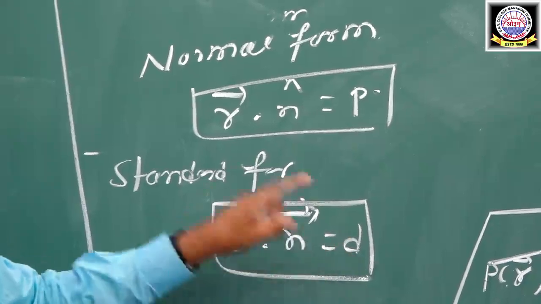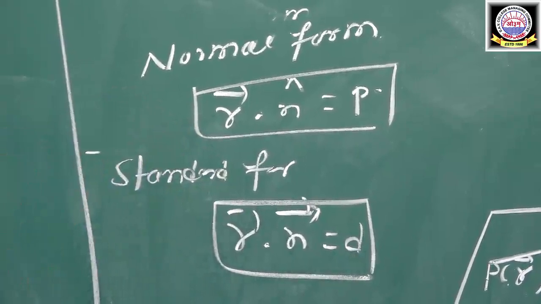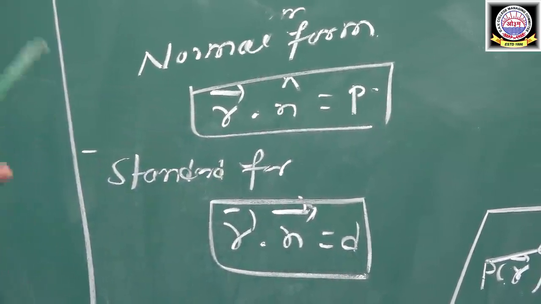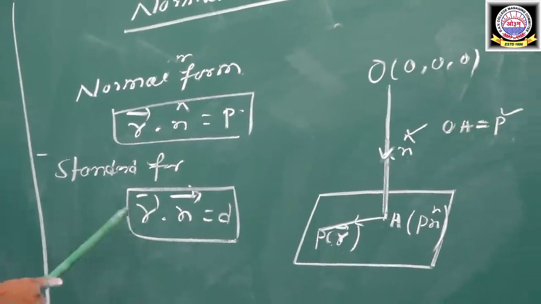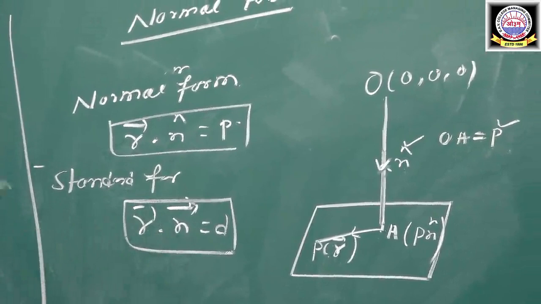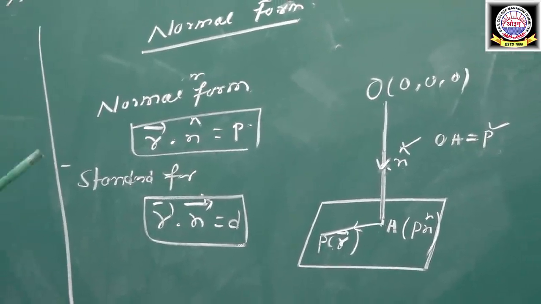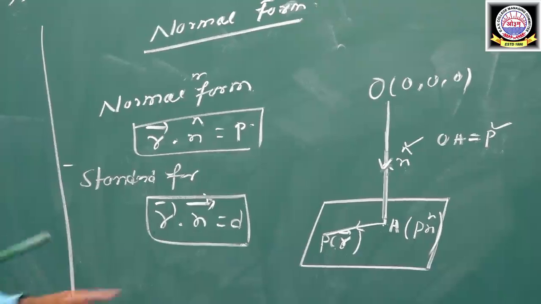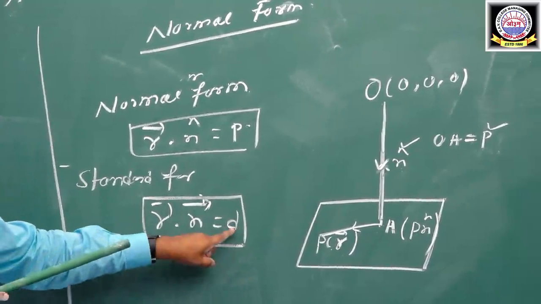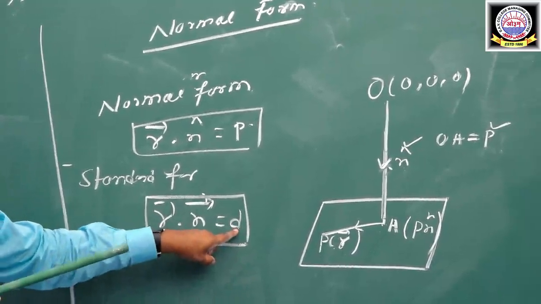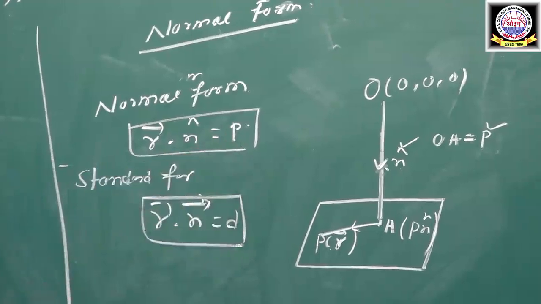Once again, if the standard equation of a plane is given, and you are able to convert it to the vector form, what will you get? You will get r dot n vector, and if you make this n vector a unit vector, by dividing by its magnitude on both sides, I can say d divided by magnitude of n vector is equal to p.